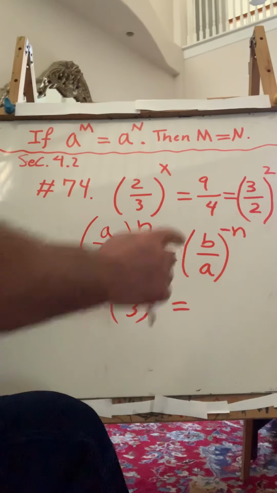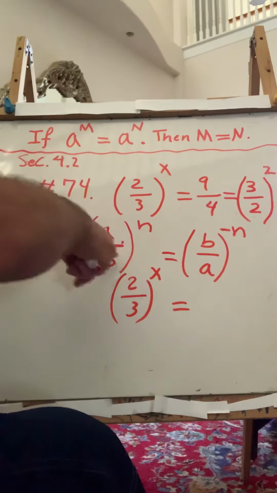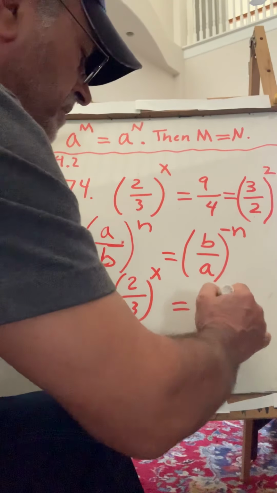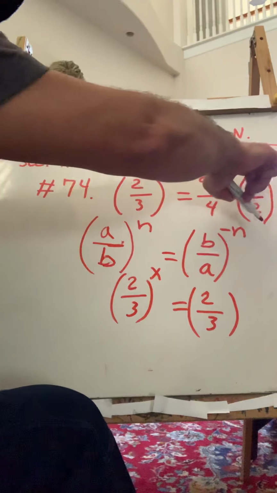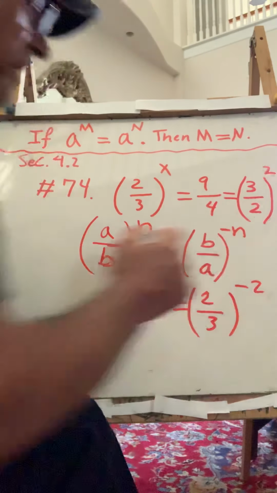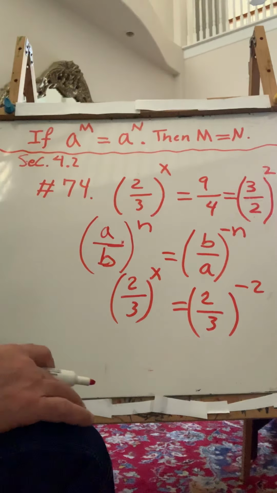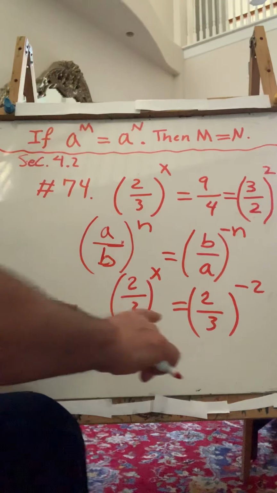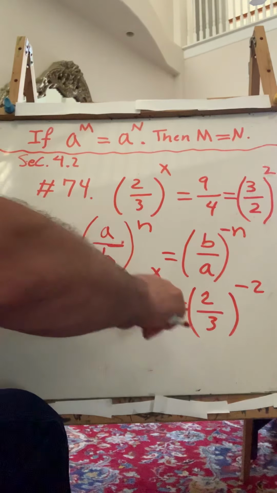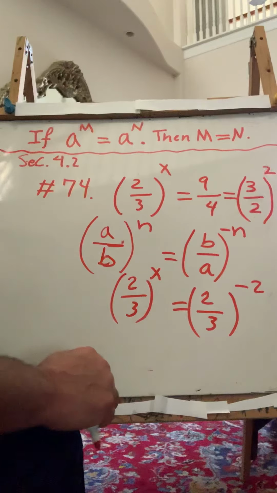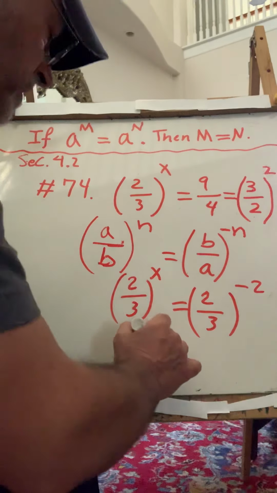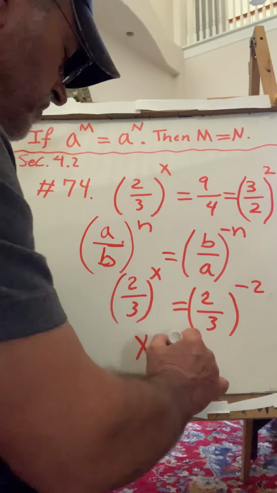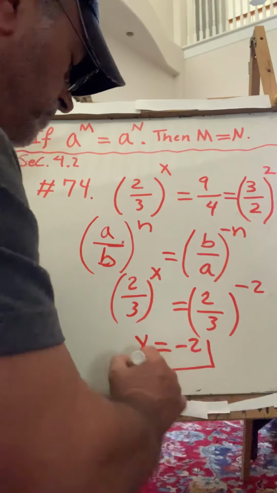But the right-hand side is going to be rewritten as 2/3 raised to, except instead of 2, we change that to -2 by this rule. And now you can see you're done, because you have created the same base, and there's only one exponent on each side, which means you can now drop the bases and set the exponents equal to each other, which will give you your solution, x equals -2.